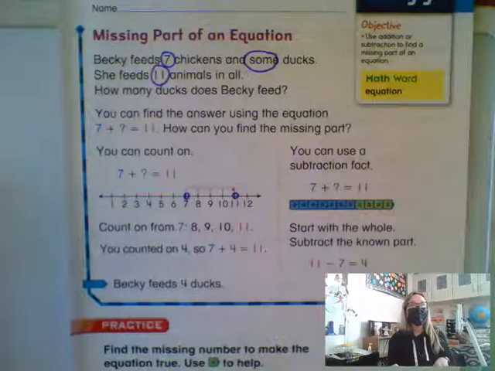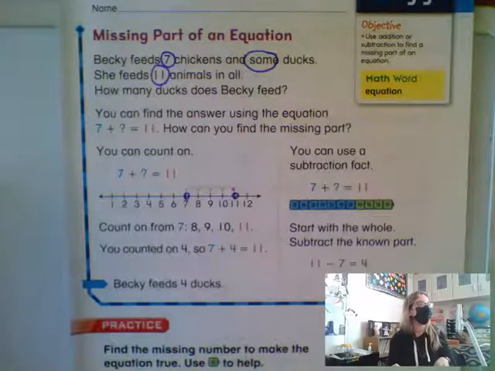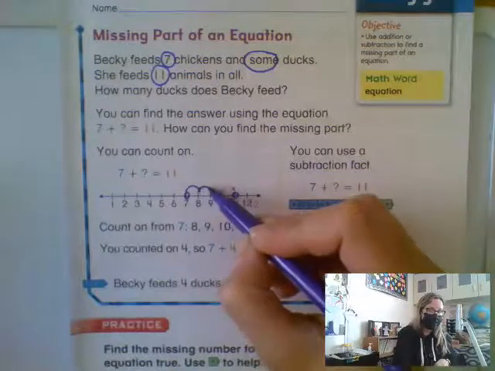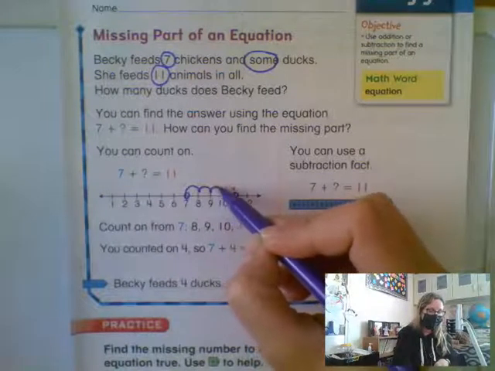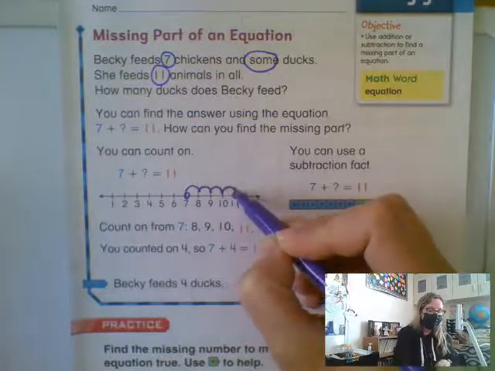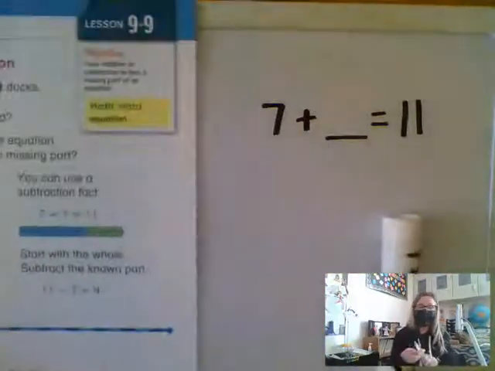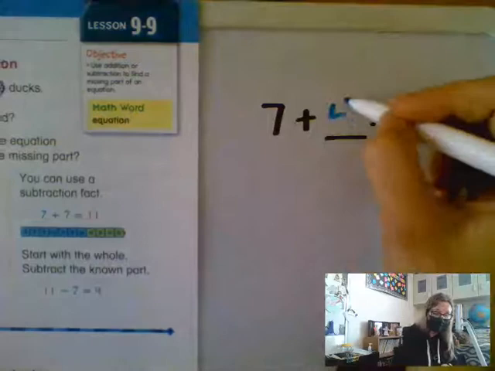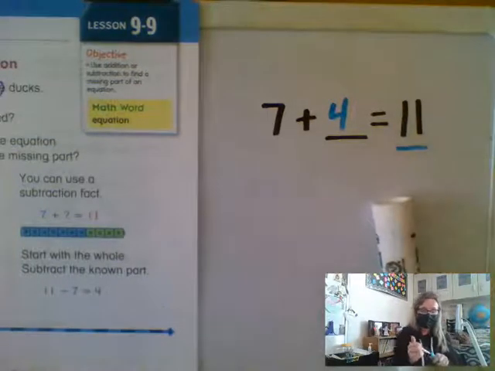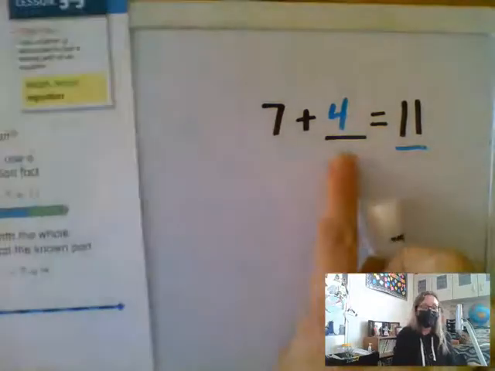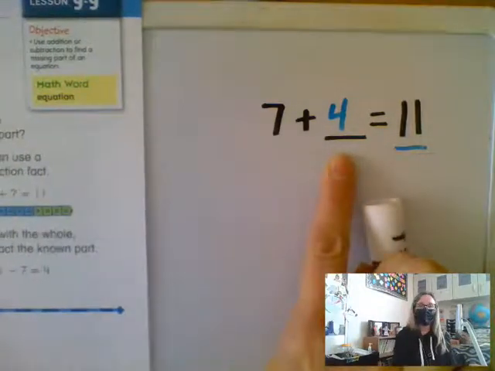Let's count how many jumps they took, and that will give us our missing addend. Count with me. 1, 2, 3, 4. So 7 plus 4 more would be 11. That tells us that there are 4 ducks.